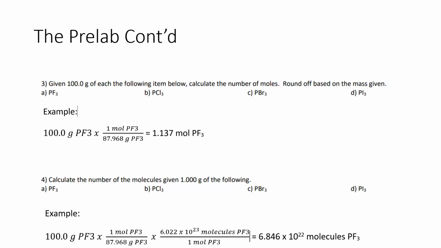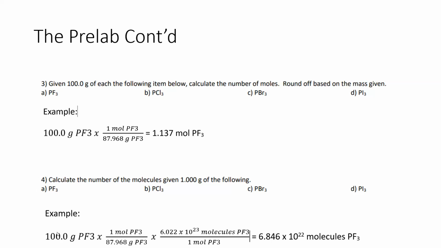For question 4, calculate the number of molecules given 1.000 grams of the following. Again, 4 significant figures, so we'll make sure our answer is in 4 significant figures. For example, again, we could start, and it looks like I made a mistake here.